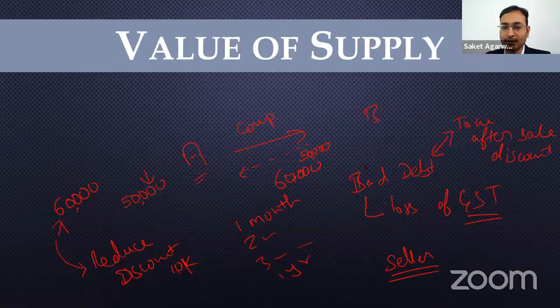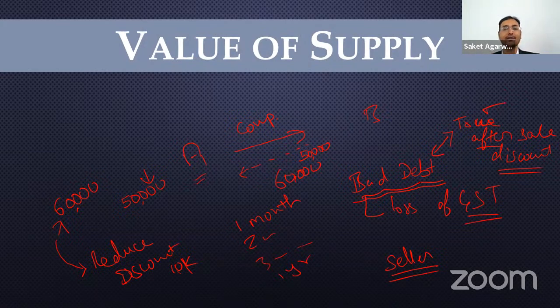Government does not want to suffer loss because of bad debt, but the government is okay to allow you to minus discount if it is actually a business commercial transaction. If it is actually after sale discount, then the government is okay to allow you to minus it. But if it is bad debt, government is not okay to allow you to minus it. Now the question comes, how to frame the law in such a way that these two situations can be differentiated from each other.